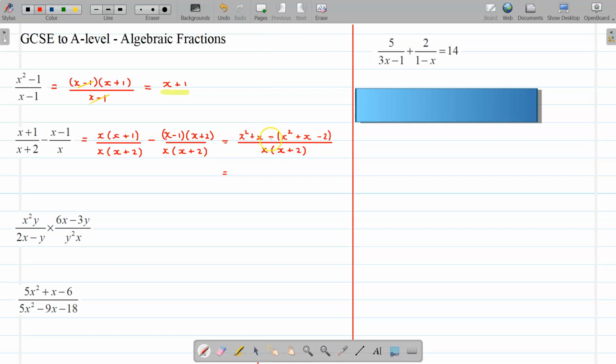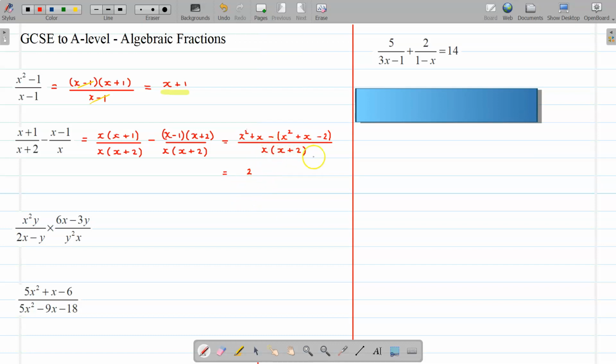I've got x minus x, which is also 0. And then I've got minus minus 2. And that's really important because that minus minus 2 is actually plus 2. So it becomes 2 over the same denominator, x times x plus 2.